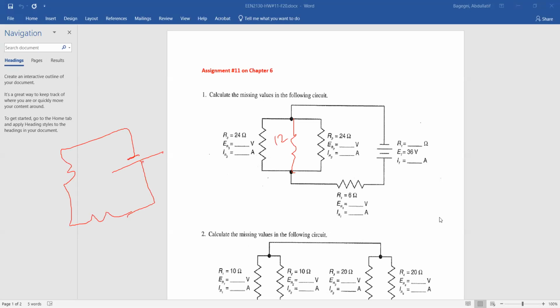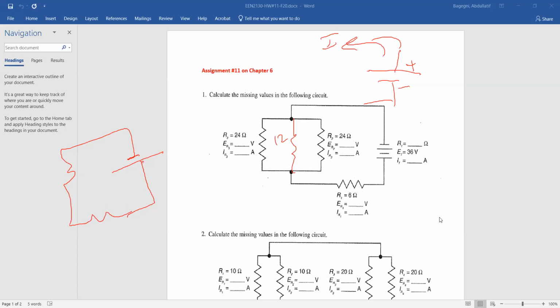They believe the current comes from the positive, so they flip the polarity of the battery. That's what they call the conventional direction of the current: current that comes out from the positive polarity of the supply, but in reality, the current is actually coming from the negative. But again, it doesn't matter, the same power and same voltage drop will be produced whether the current goes this way or the other way. Same thing.